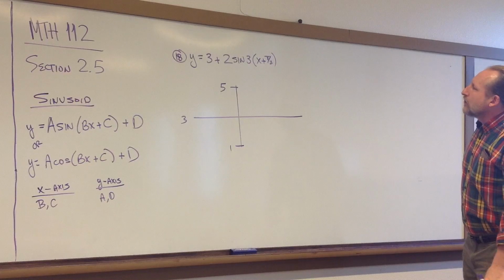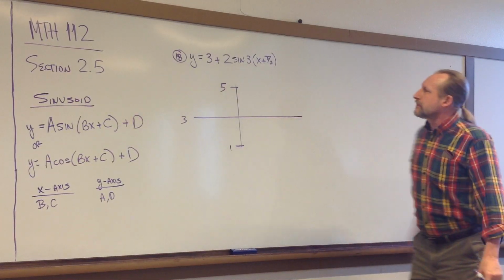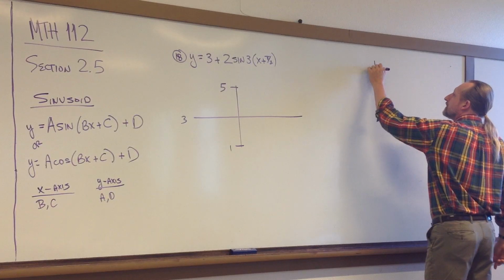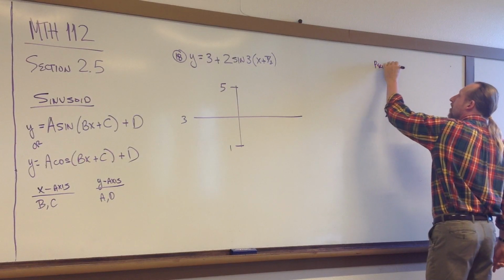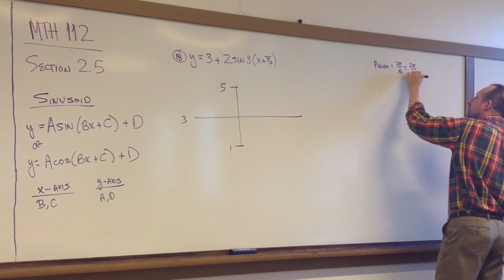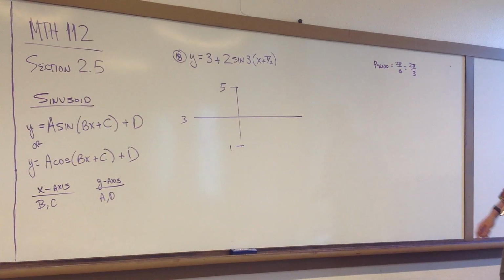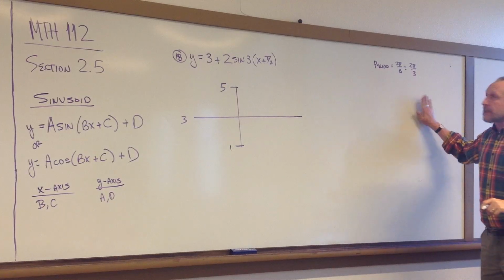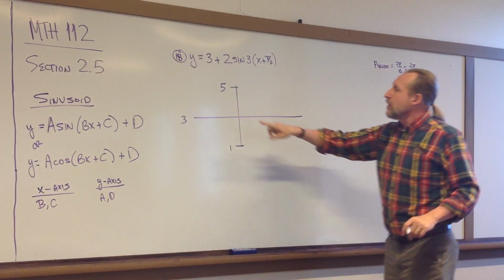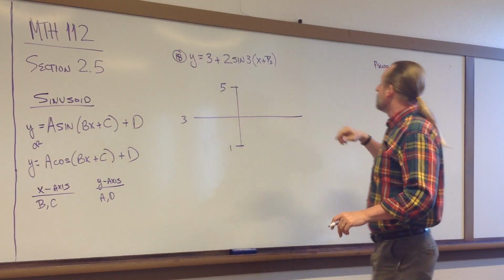Now we need to know, well, let's do the period first again, since we know that the value of b is 3. So the period is 2 pi over b, so that's 2 pi over 3, and then we just leave it like that. We'll come back to this, multiply it by 1/4, so that we know how much each of these jumps is going to be.